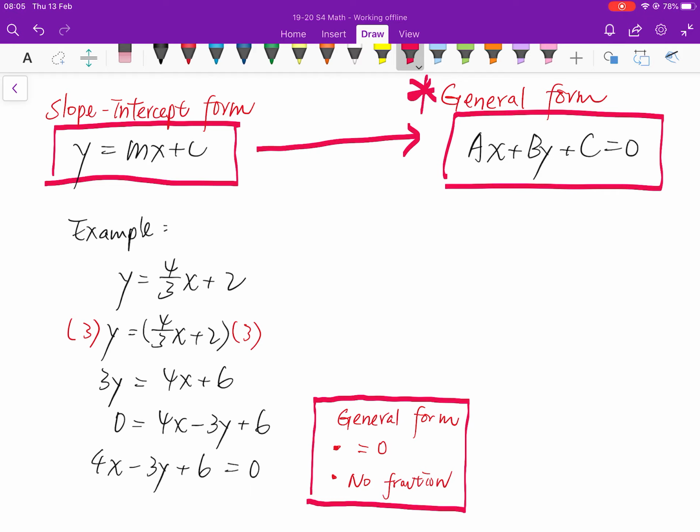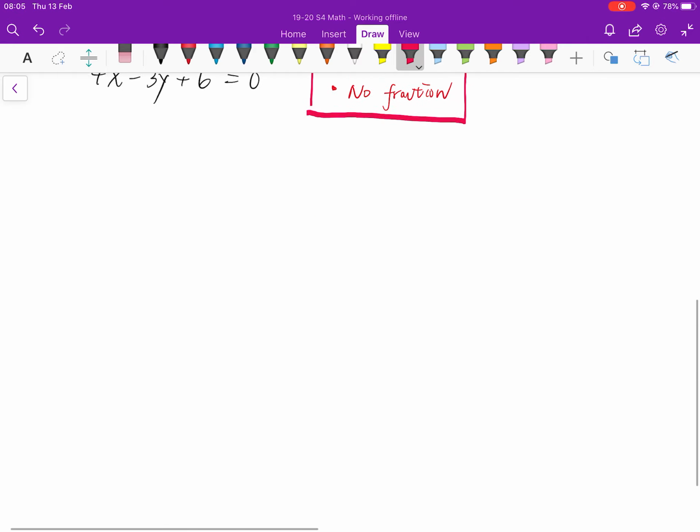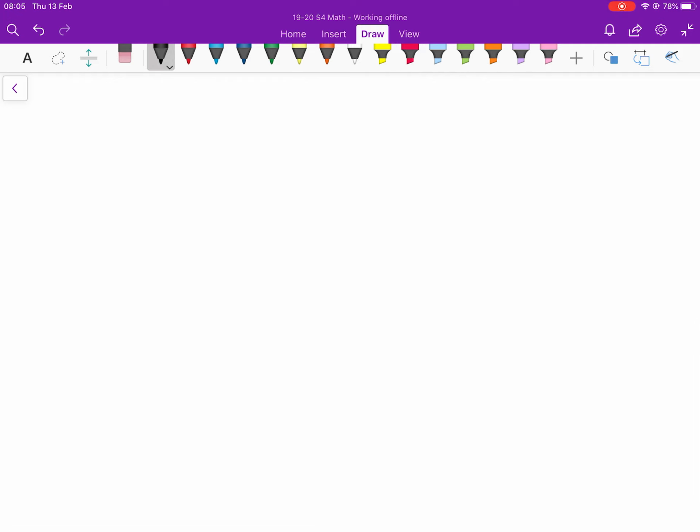For the next part, please help me to draw the x-y axis in your notebook, and then draw a straight line on it.